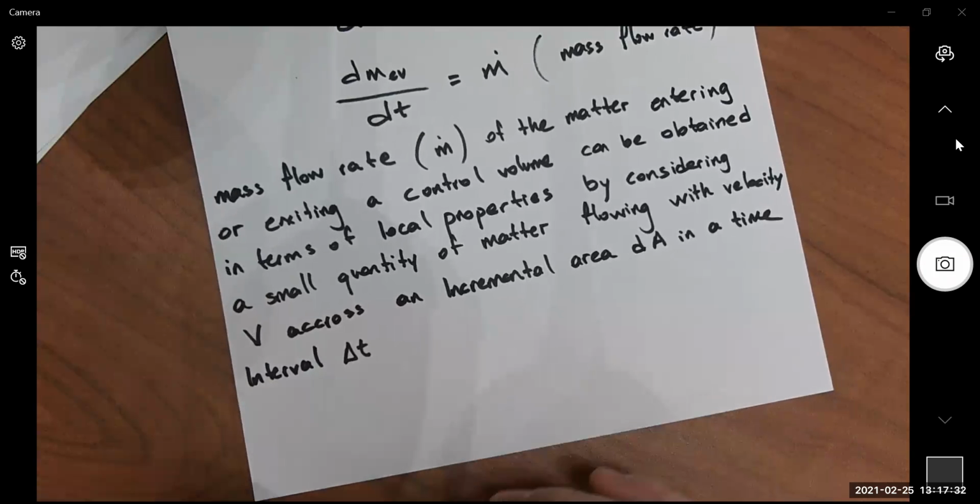Okay. Any questions so far? So what we are trying to do is showing you how open system is the general concept of thermodynamics, right?